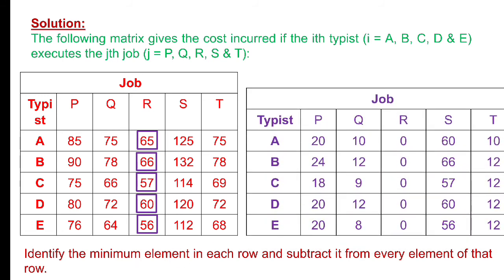How do we find it? 65 is subtracted from the first row: 85 minus 65, 20. 75 minus 65, 10. 65 minus 65 we get 0. 125 minus 65, 60. 75 minus 65 gets 10. Similarly, in the second row, 90 minus 66.